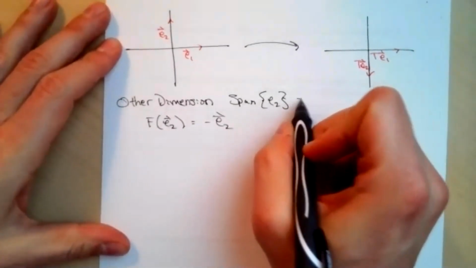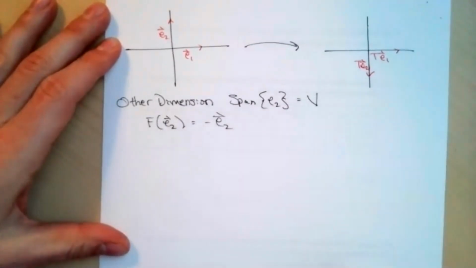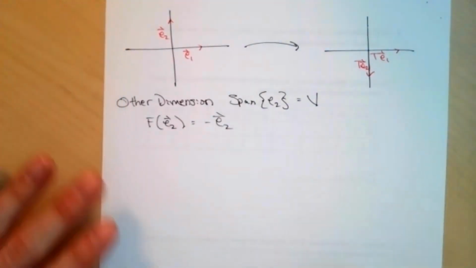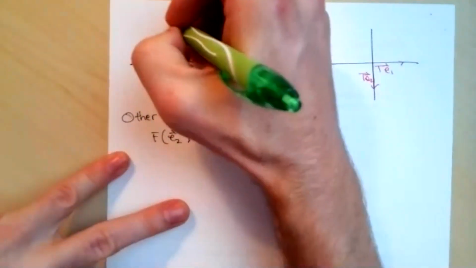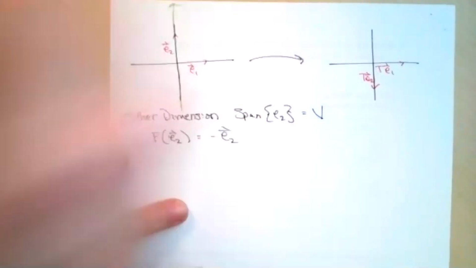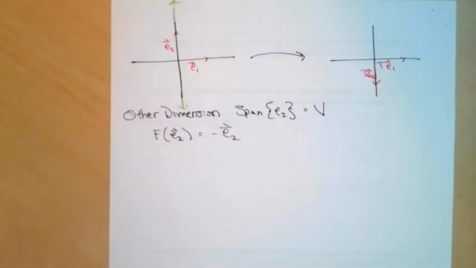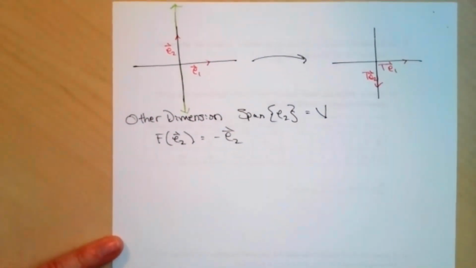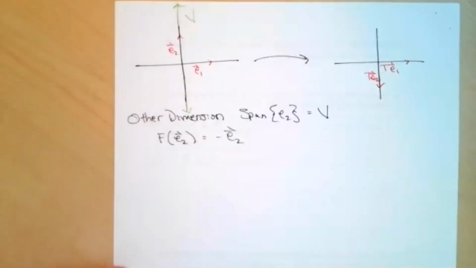Meaning, let's call the span of E2 V. It is a subvector space. The span of E2 gives us the vertical line, the y-axis, right? Any scalar combination of E2 is going to be on that line.